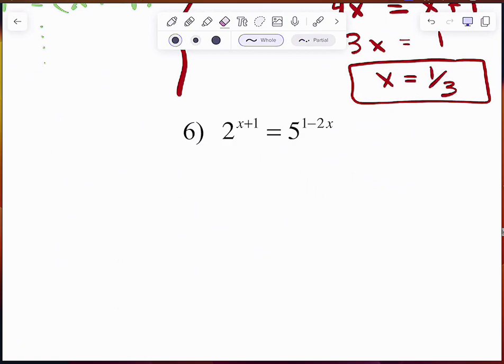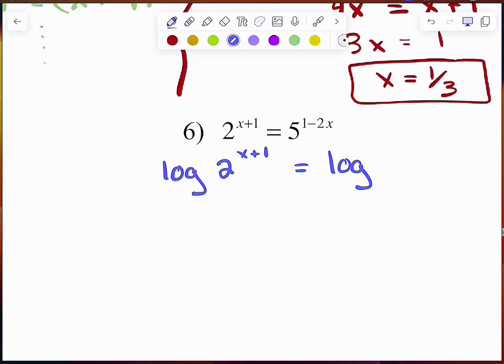I'm going to use log base 10. So I am going to take the log of both sides. If this was log base 10 of 2 to the x plus 1 and log base 10 of 5 to the 1 minus 2x, I know that those are equivalent because their insides would have to be equivalent because their log bases are equivalent.